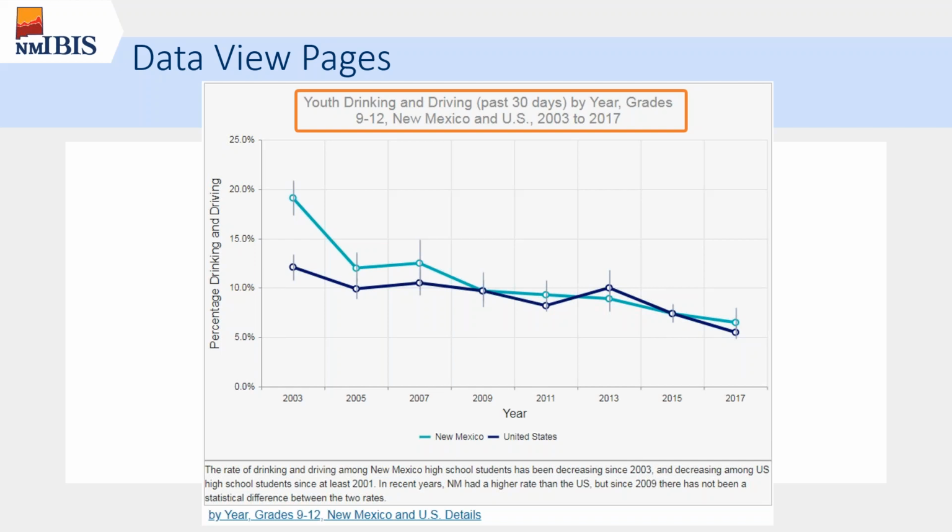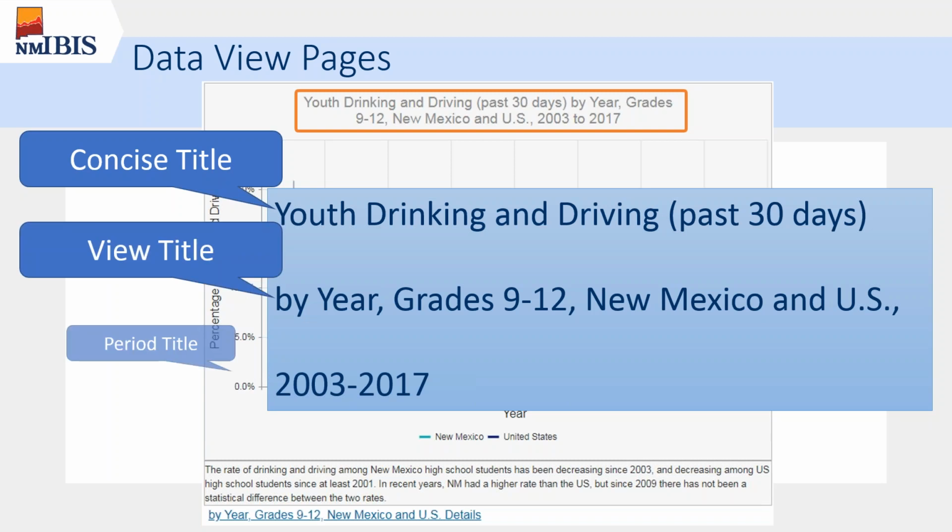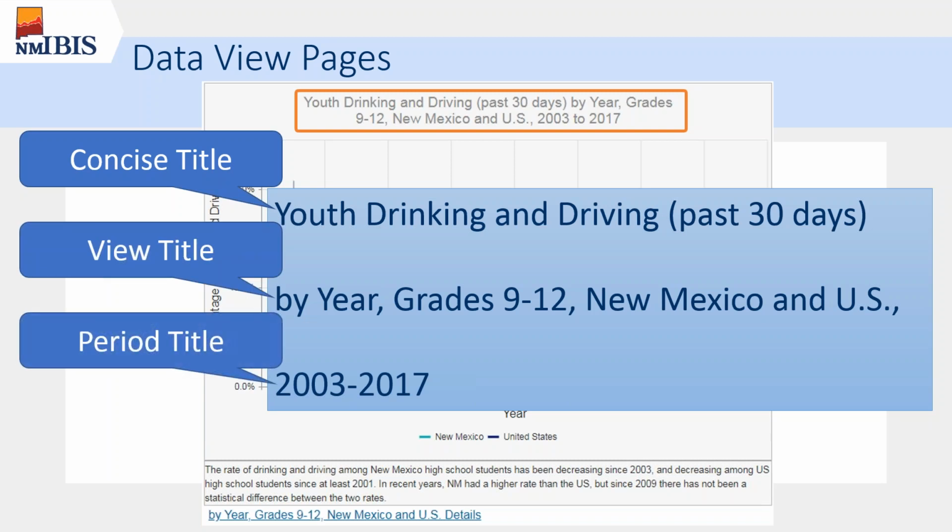So this chart title consists of 3 different parts. This first part is the concise title from the indicator detail page. This is the view title that we were looking at before that looks like a subtitle: by year, grades 9 through 12, New Mexico and US. And then there's a period title, 2003 through 2017.